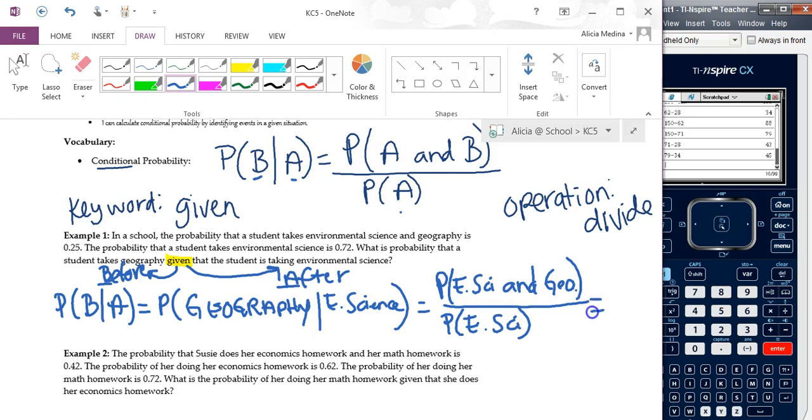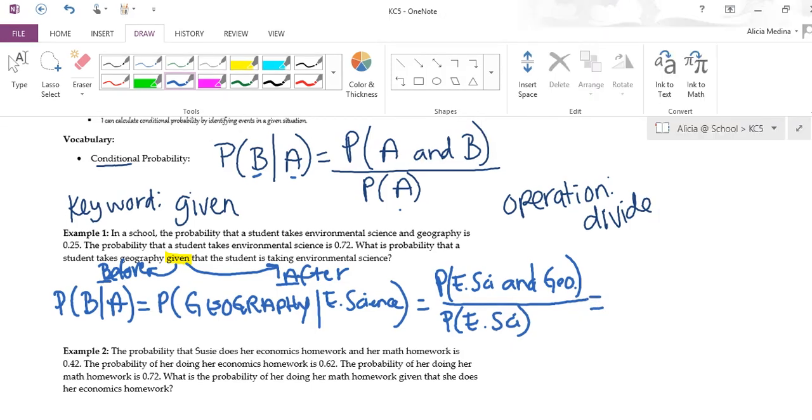All right. So simplifying this, we have to look back into our scenario here and look for where we have environmental science and geography. Right? I'm looking for what is the probability of both of these happening. So when we reread this, it says that a student takes environmental science and geography, right?